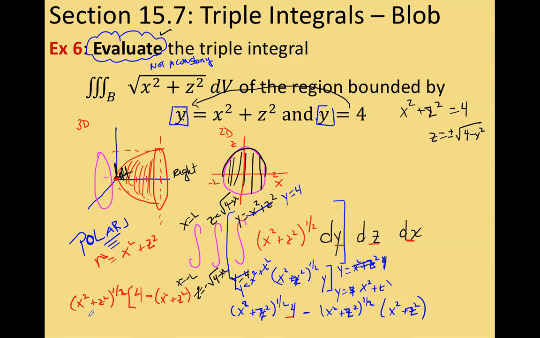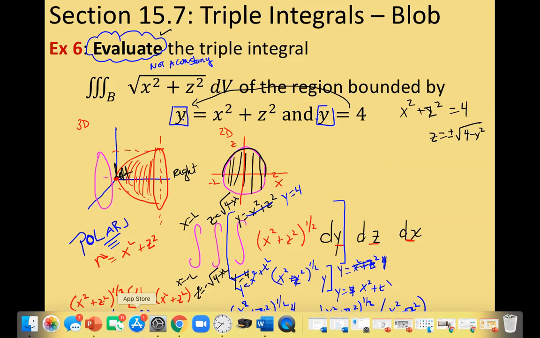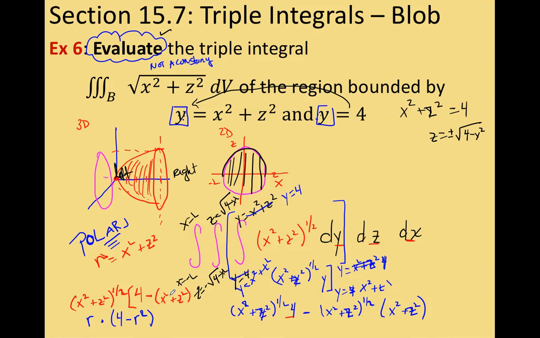This is just r, right? And this is 4 minus r squared. That's a lot nicer looking than what I had over here.